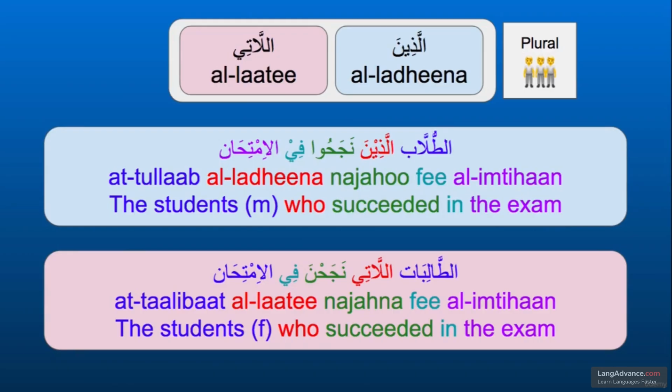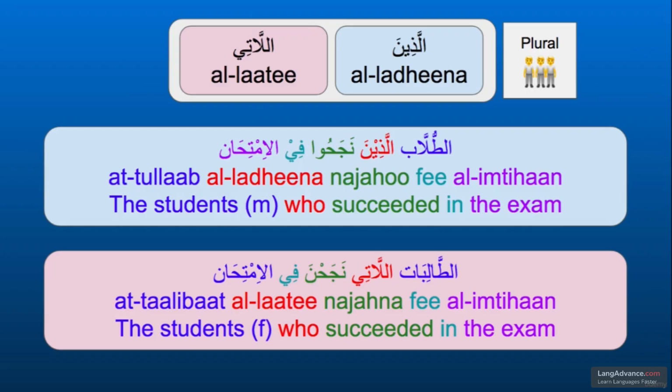Moving on to the plural, we'll find the form الذين. الذين for plural male, and اللاتي. اللاتي for plural female. So let's take an example. الطلاب الذين نجحوا في الامتحان. الطلاب الذين نجحوا في الامتحان, which means the students, the male students who succeeded in the exam.